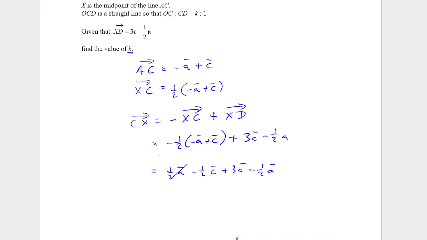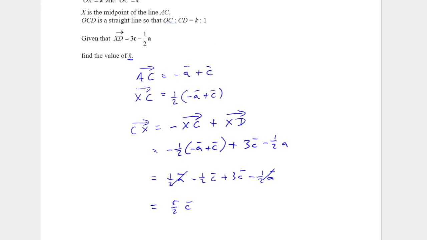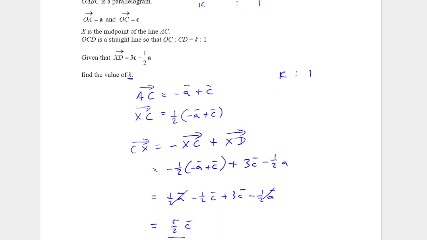Right, they would cancel, so we end up with 5 over 2c. And we can kind of go from there.